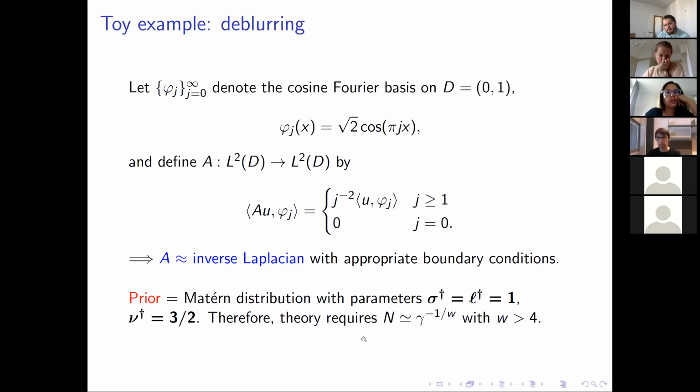So this actually requires, if we go back and look at what sort of rate it requires, that in order to get convergence, n should go to infinity at the rate of noise level to the power of something, let's say -1 over W, where W is over 4.